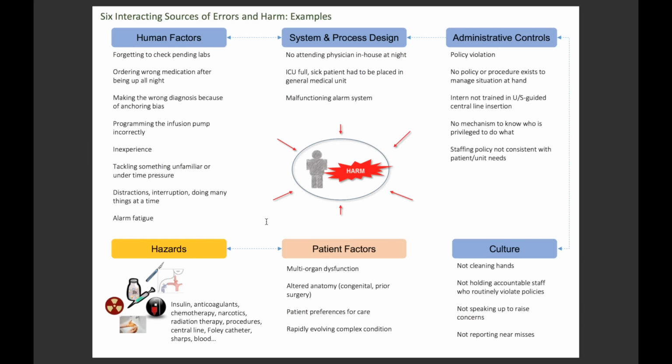Forgetting to check pending labs. Ordering the wrong medication after being up all night because you thought it was the right medication, when it was the wrong one. Making the wrong diagnosis because your brain was so sure that X was the right diagnosis when it was really Y.